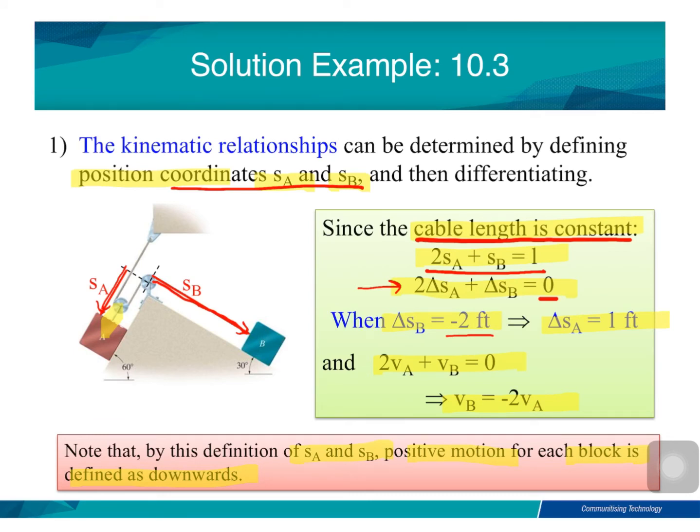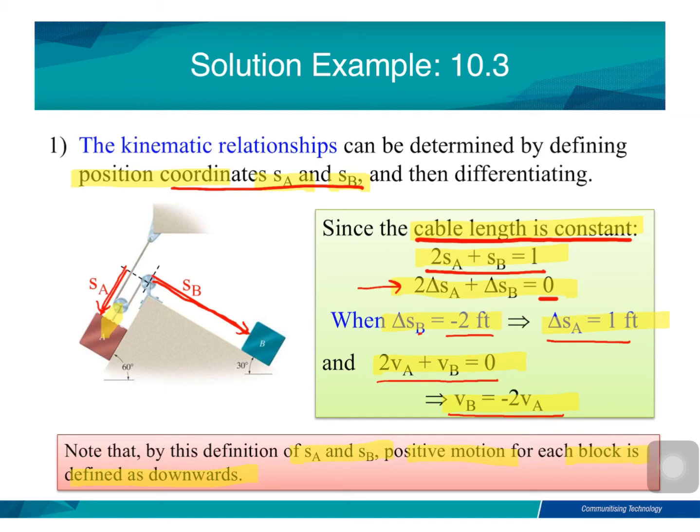So the displacement SB is equal to negative 2 because of moving upward, and then we have that displacement SA is equal to 1. Based on this, we can assume that 2VA plus VB is equal to 0, so you can get VB. VB is equal to negative 2 VA. So this is the relationship from the kinematics.